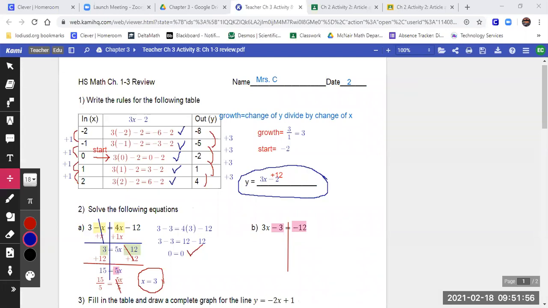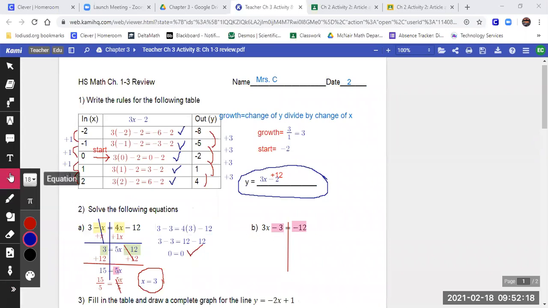Who is moving? The -3 or the -12? Which one's with the X and needs to go? The -3. So we need to big 0 that -3.